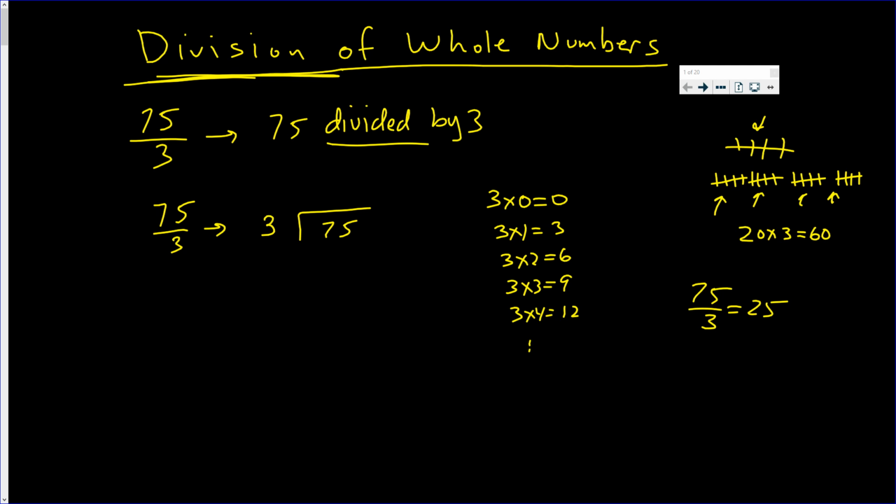And never ever go past 3 times 9. Of course, the only thing we can put up here are digits, and 10 and 11 and 12 is not a digit. Okay, what's the largest number on this list that doesn't exceed 7?